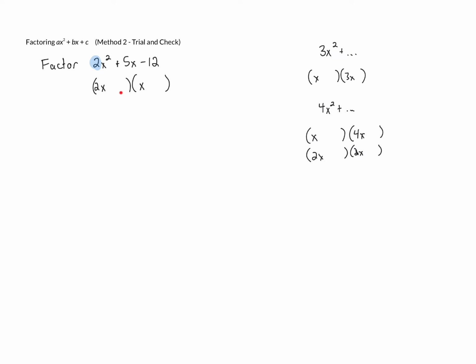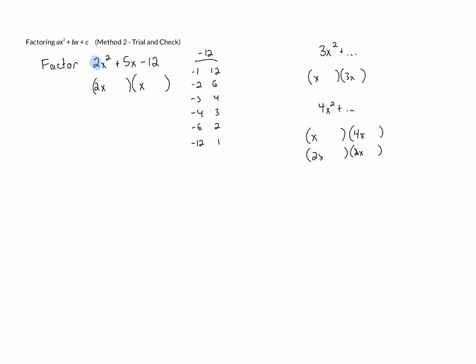So we know that those are going to be the first terms in each of the binomials. Now, the constant terms, when we go and FOIL everything out, we know they're going to have to give us a product of negative 12. But there's a lot of different possibilities for getting negative 12. It could be negative 1 and 12, negative 2 and 6, negative 3 and 4, negative 4 and 3, negative 6 and 2, or negative 12 and 1.